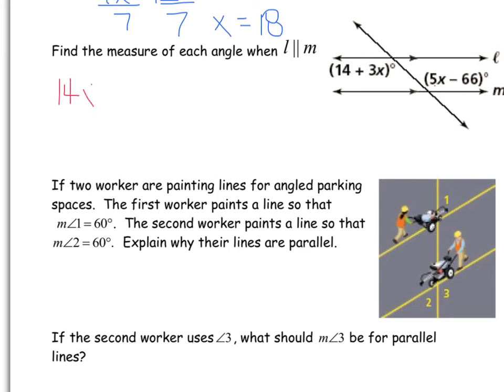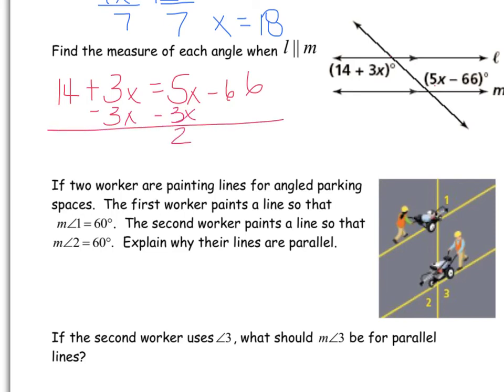So 14 plus 3x equals 5x minus 66. Get the x's on one side, so I'll subtract 3x here. And then add 66 to the other side. So we get 2x equals 80. Divide by 2 and you get 40.